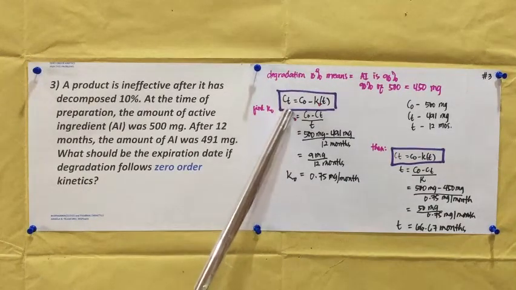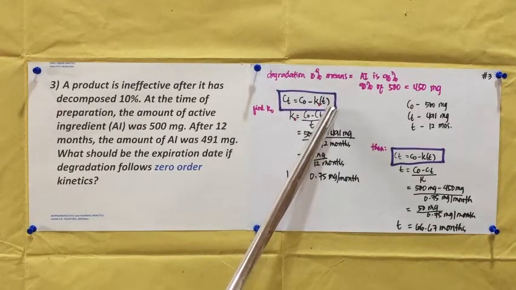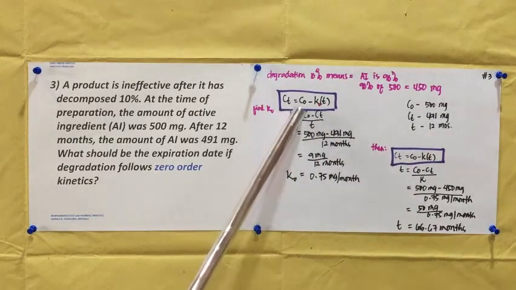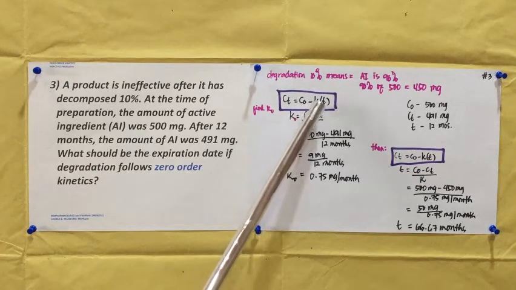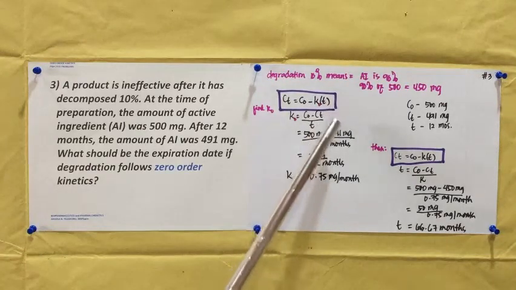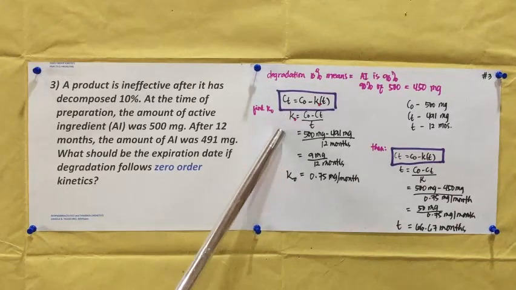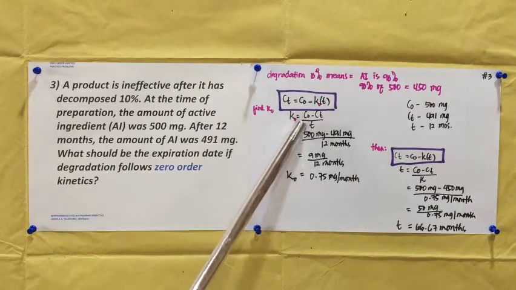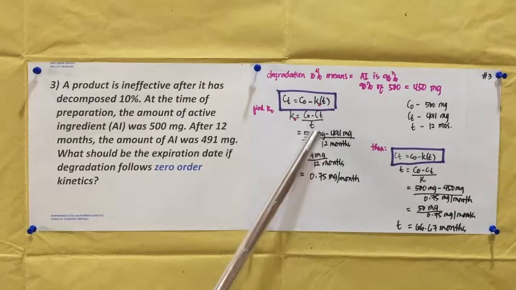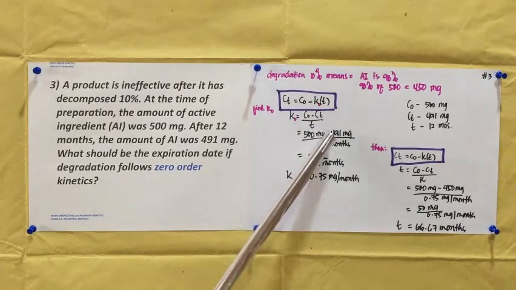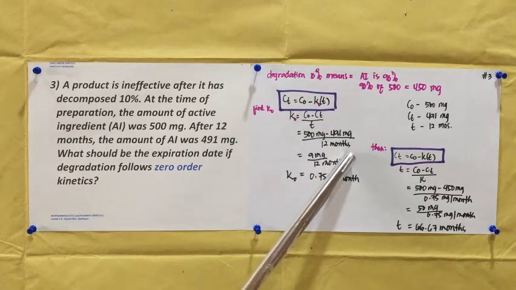This is the formula we're going to use since the initial concentration is given. CT is equivalent to CO minus KOT. Deriving the formula for KO, KO is equivalent to CO minus CT divided by T. CO is 500 milligrams minus the CT, which is 491 milligrams, divided by 12 months.